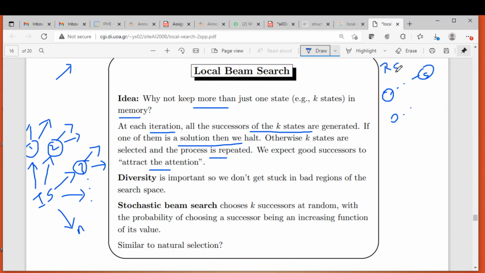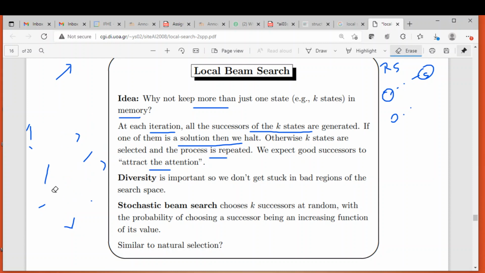But local beam search is not saying that. With local beam search, multiple algorithms will be running in parallel. In parallel we run k different algorithms, because initially we start with one initial state, and for that initial state we identify all the successors. From that we choose k states.